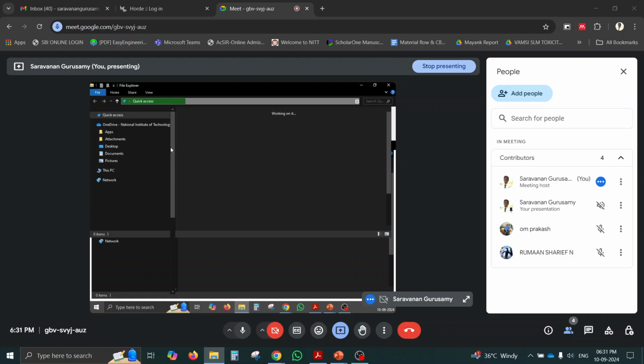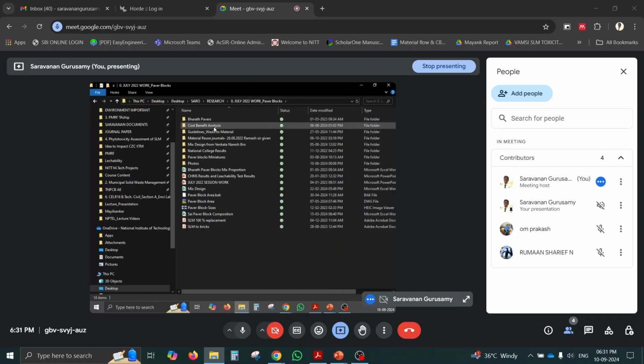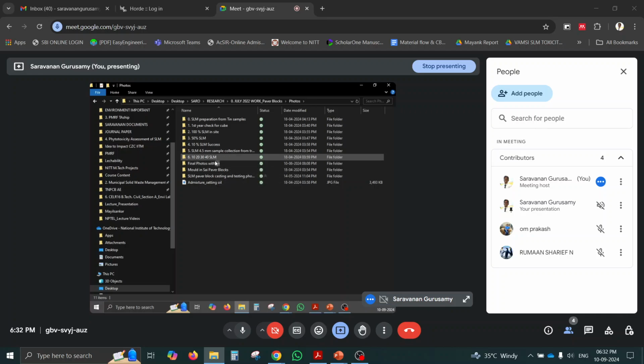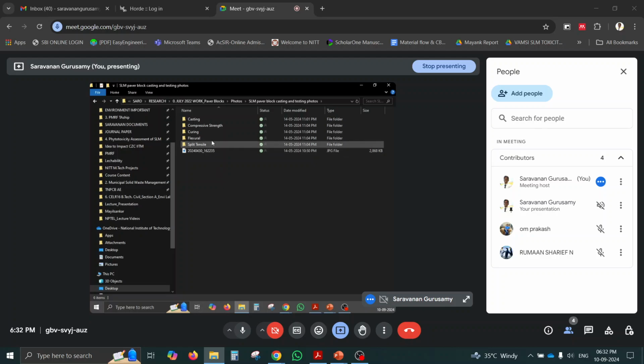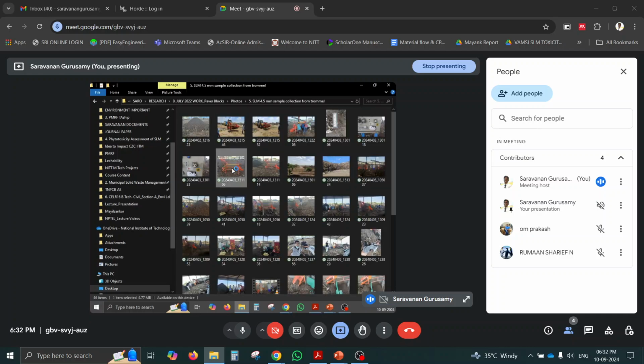Sorry for the delay. Yeah, this is the trommel screen I have purchased to separate the landfill mined fraction, that is the soil material.